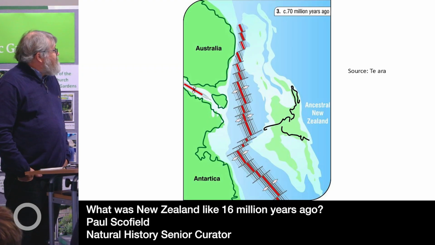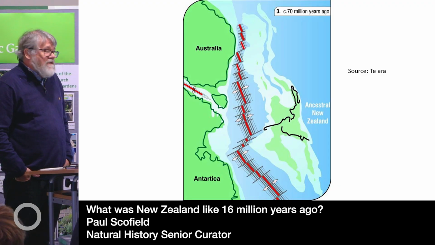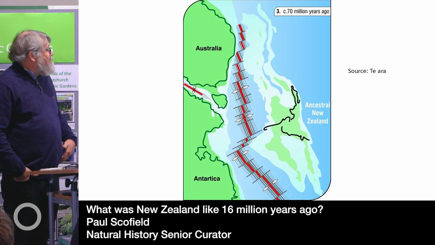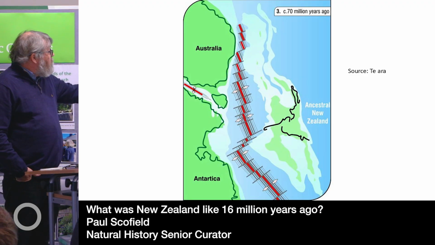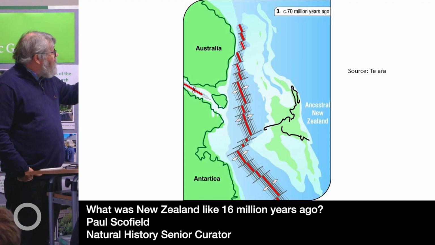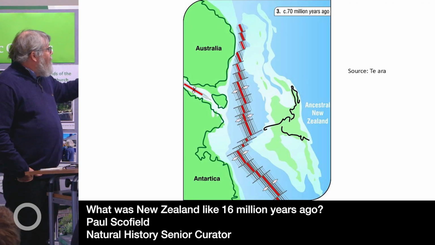This process is still ongoing due to a rift in the continent and the crust in the middle of the Tasman Sea. And New Zealand drifted away really quite slowly as this rift became established between Australia and Antarctica and the piece of crust which New Zealand is on.